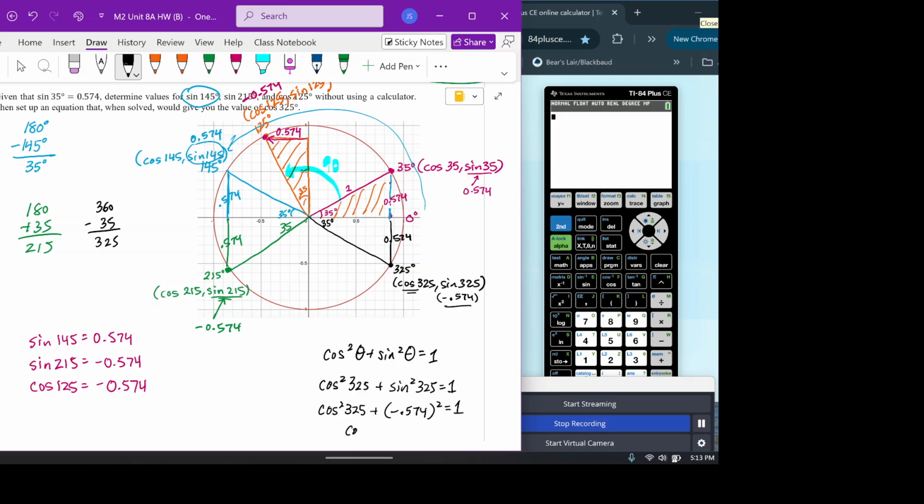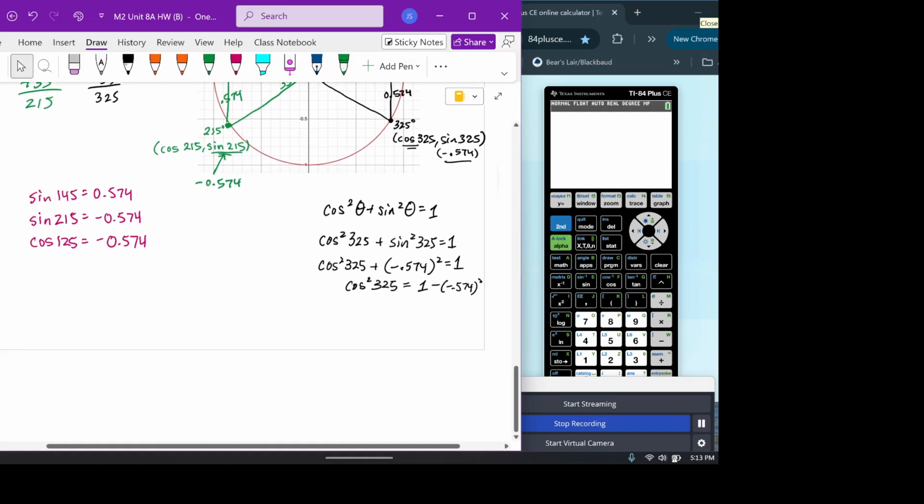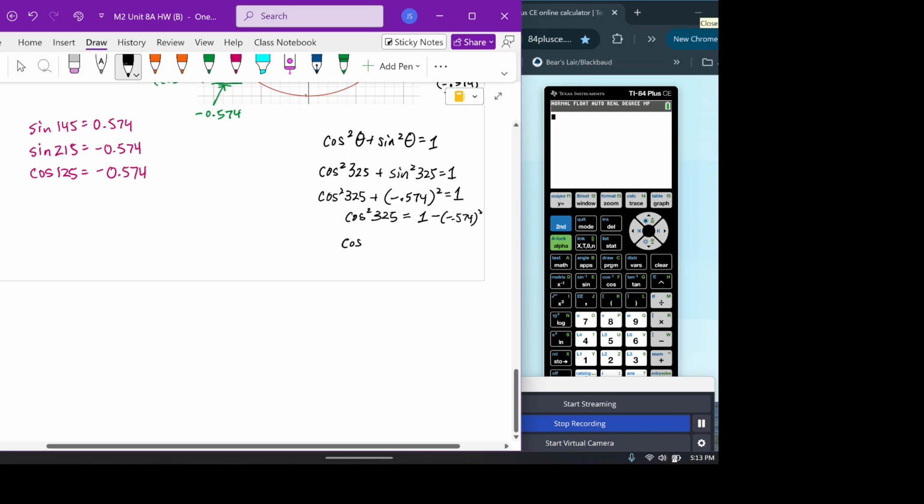And so then I could isolate my cos squared: 1 minus negative 0.574 squared. And then you take the square root. So plus or minus this thing.